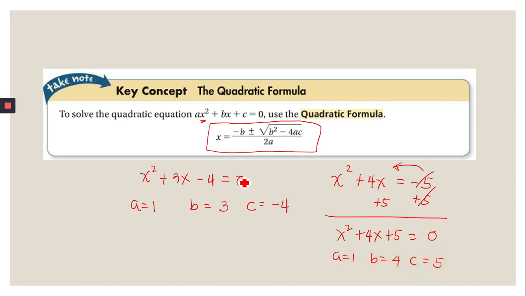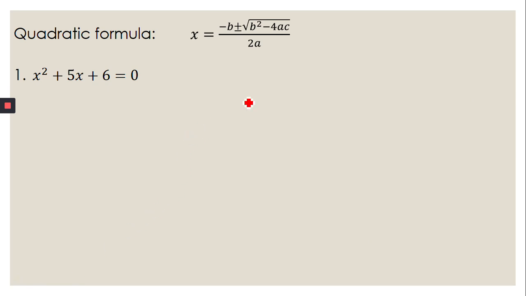To solve a quadratic equation by using the quadratic formula, all you have to do is follow the given formula. Let's have an example. This is again the formula; we will simply follow it. Let's say you have x squared plus 5x plus 6 equals 0.